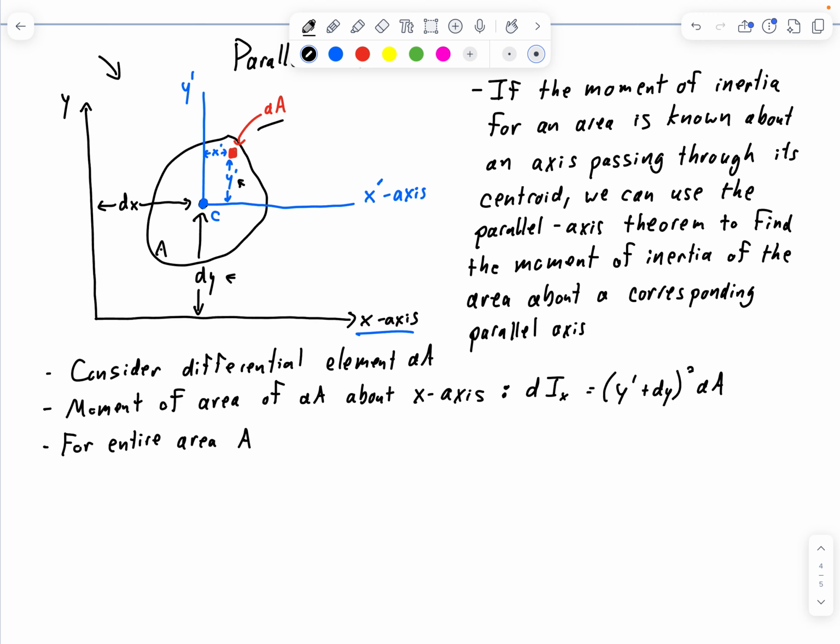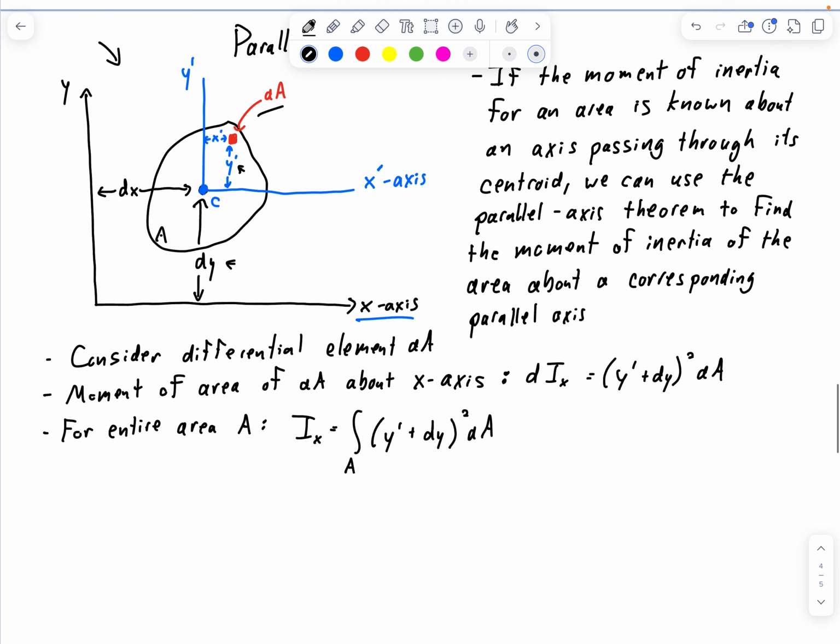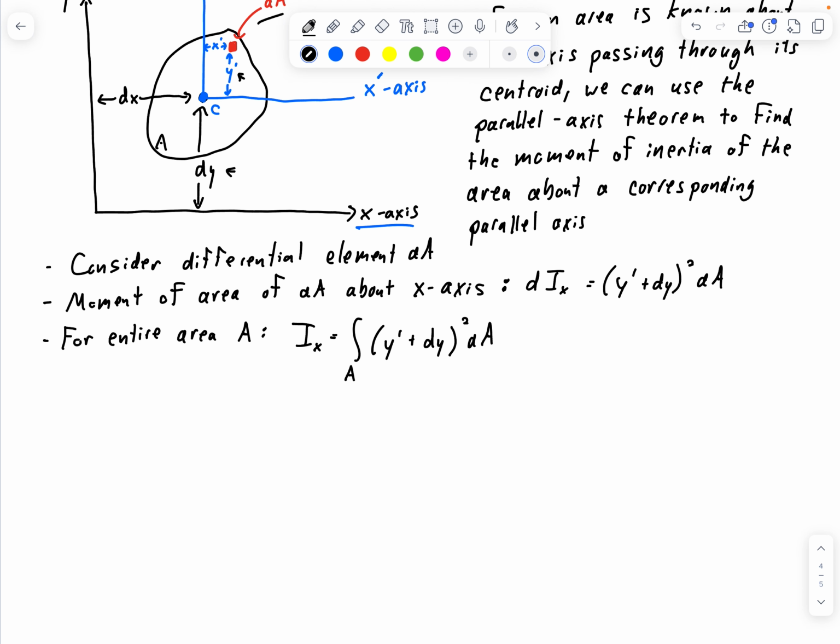A, we would integrate that expression. I sub x is equal to the integral over the area of (y prime plus dy) squared dA. Since this is (y prime plus dy) squared, we can expand that term into three different terms.